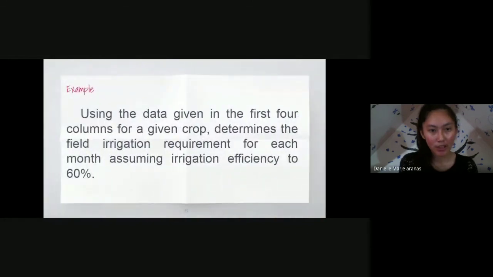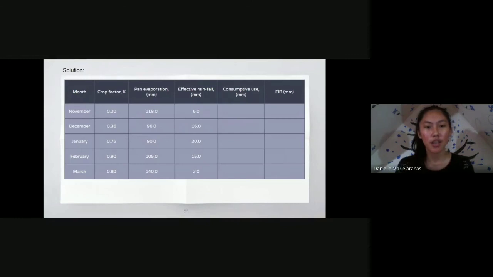For example, using the data given in the first four columns for a given crop, determine the field irrigation requirement for each month, assuming irrigation efficiency of 60%. Now, what is again the formula for consumptive use?